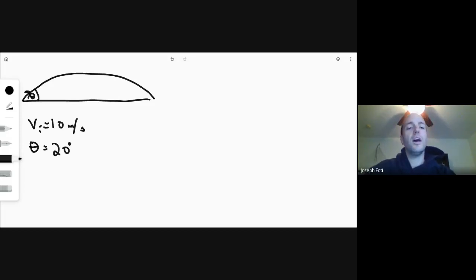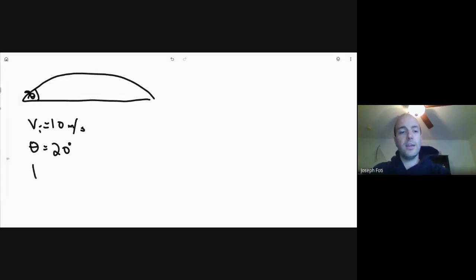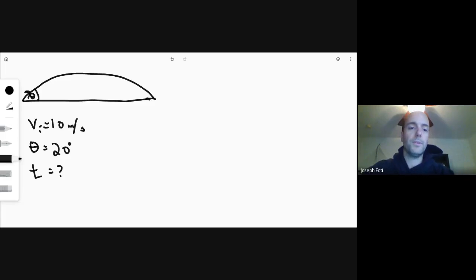So this thing was launched at an angle of 20 degrees with an initial velocity of 10 meters per second. Cool. And let's say we're looking for, in this case, the time of flight.